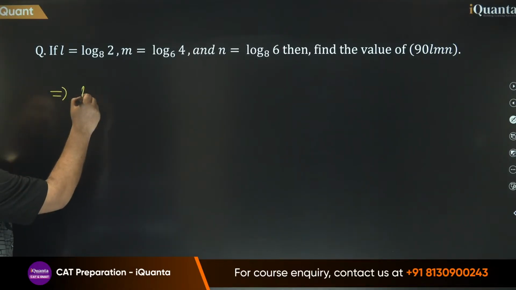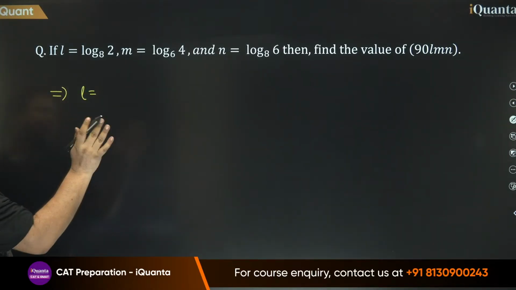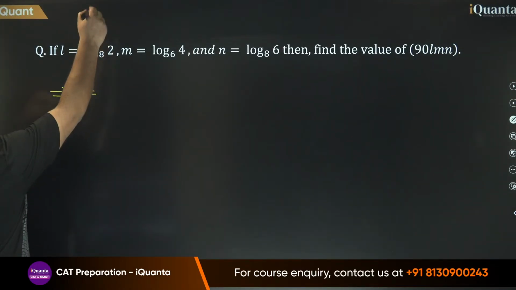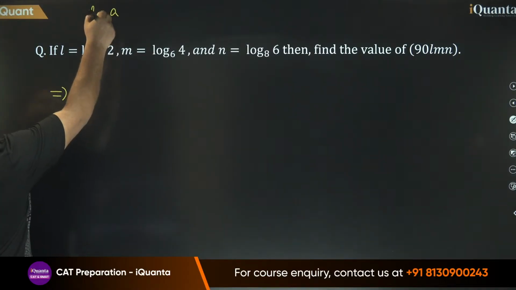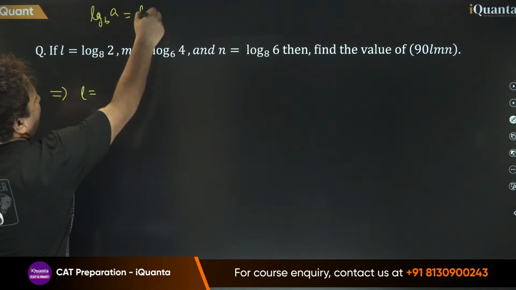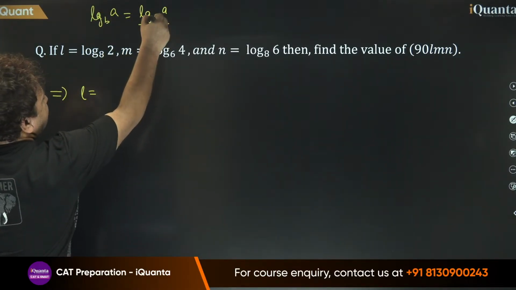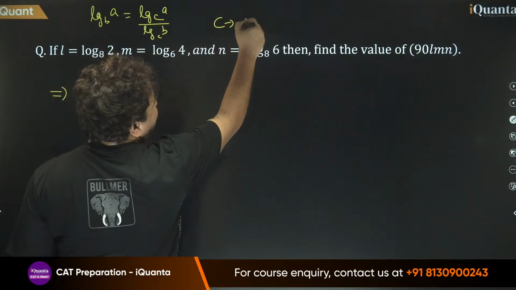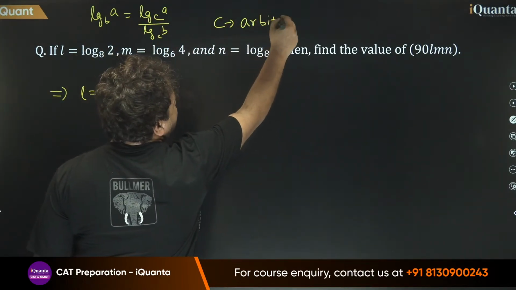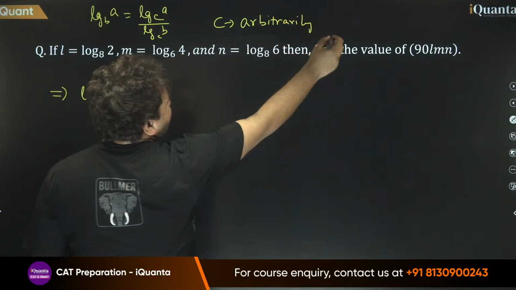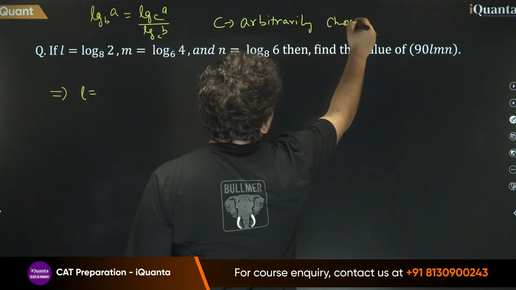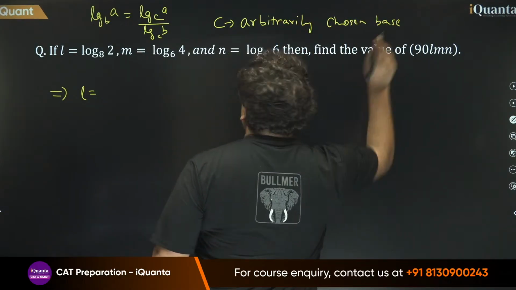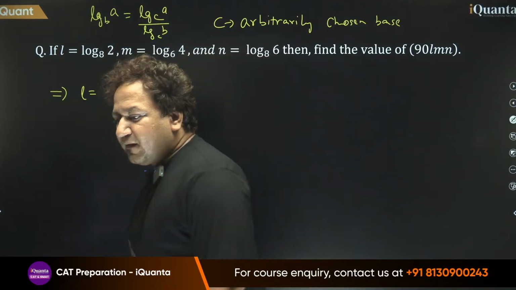Here we have L is equal to log 2 base 8. Whenever there's a property of logs which says log A base B will be equal to log A base C upon log B base C, where C is an arbitrarily chosen base. We choose the base depending on what kind of numbers are present.